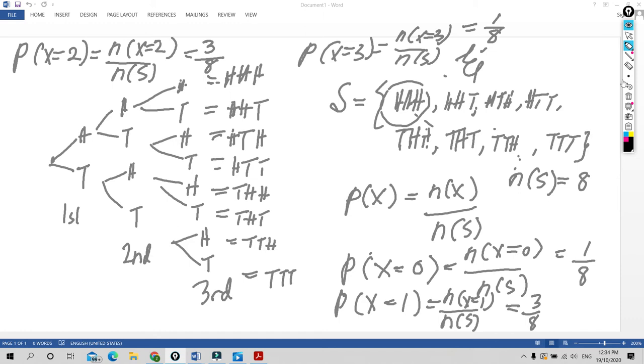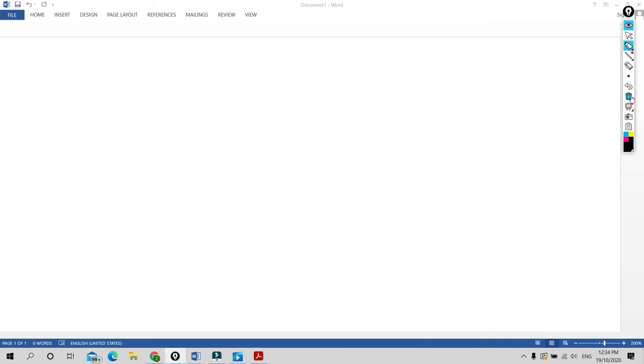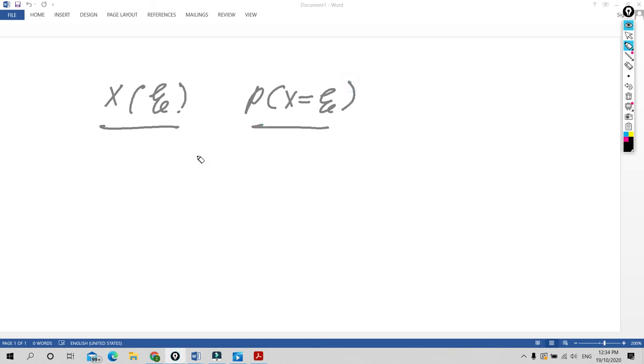Now let's put it in terms of a function, a distribution. I have x here, x of zeta, and here is the probability of x of zeta.